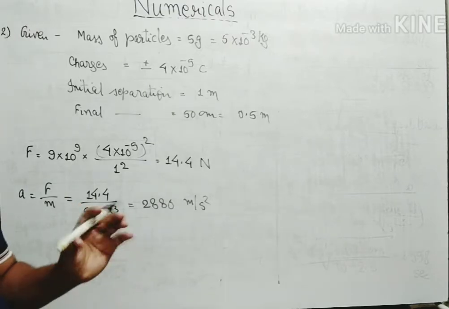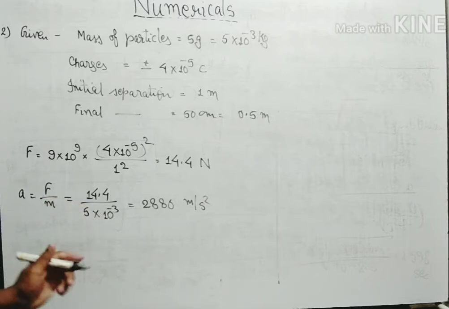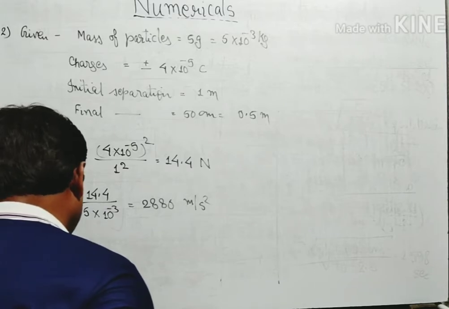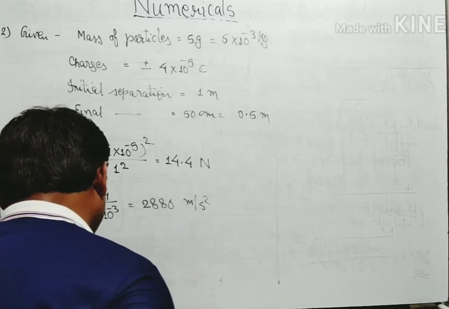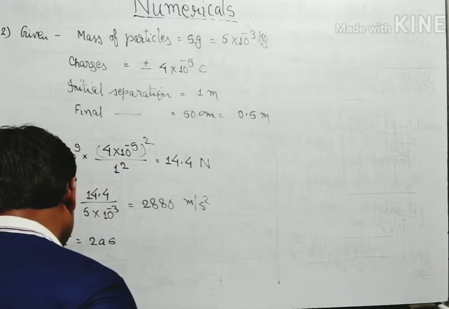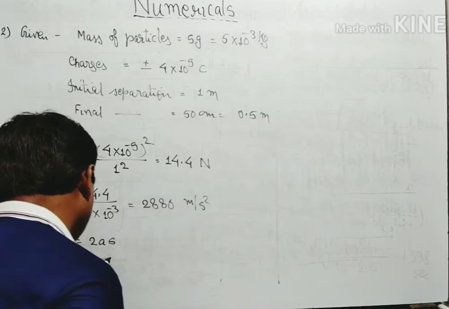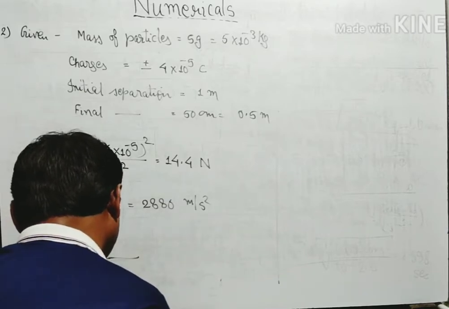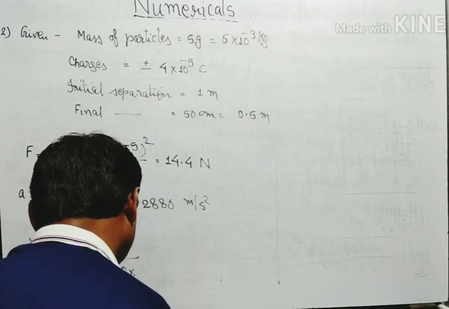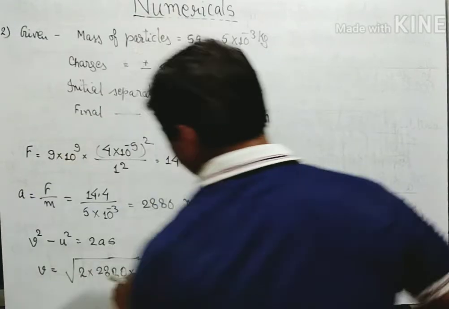Now we can simply apply what? The third equation of motion. So we have v square minus u square equals 2as. Now u is given to be 0, so taking the root, v is the root of 2 into 2880 into the distance, which is given to be 0.5, the final separation between them.